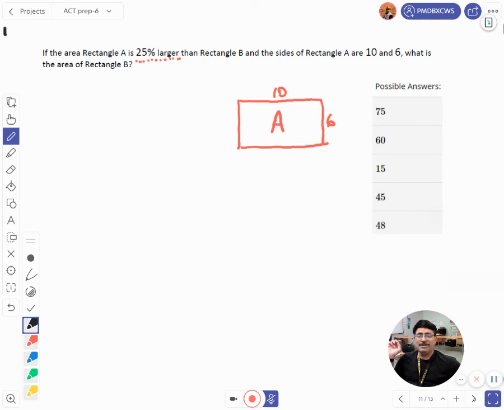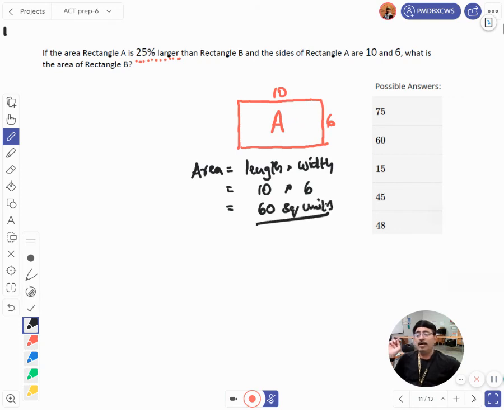Let me compute what is the area. Area of a rectangle is length times width. Now let me plug in these values. Length is 10 units, width is 6 units. Therefore 10 times 6, that is 60 square units.